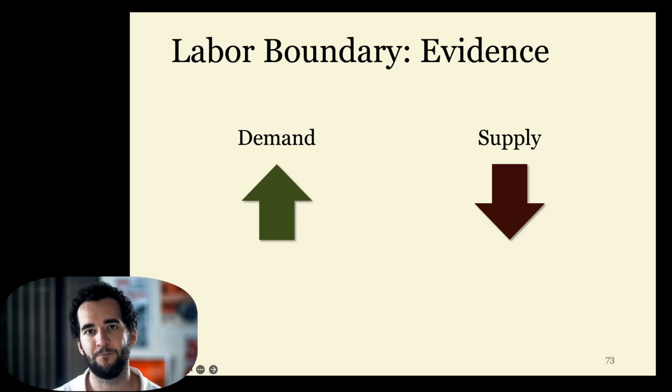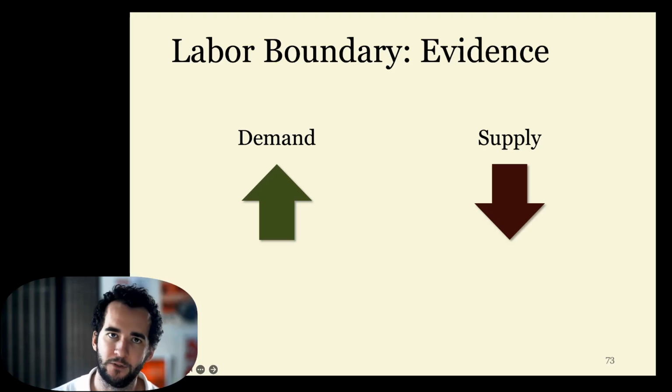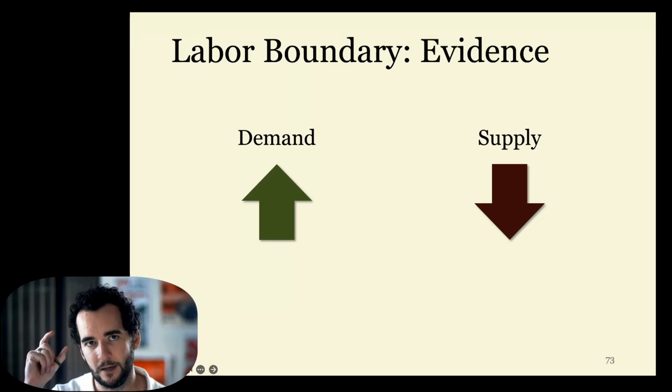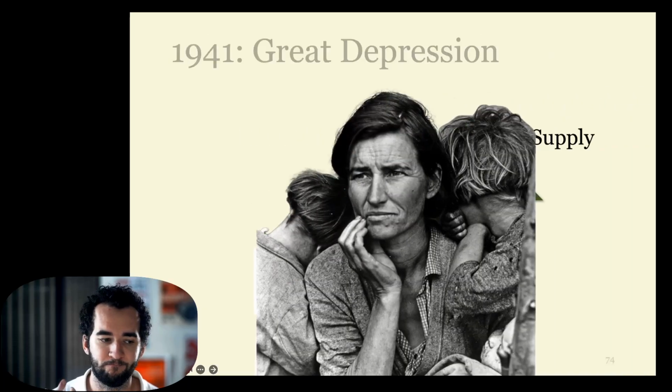Formalizing this phenomenon is helpful for evidentiary purposes. Specifically, if I were to look to the past and I find examples where this principle may manifest itself, which is to say, I find examples where demand for labor is high and supply is low, I can ask, what do I see? Does it correspond with that principle I've just described? And so that's what I'm going to do.